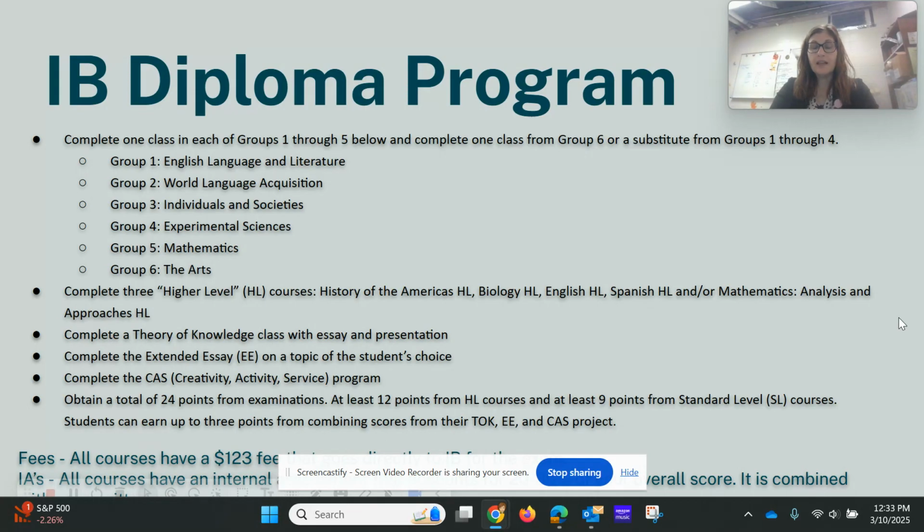At least 9 need to come from the SL courses. And then they can earn 3 additional points from TOK, their EE, and their CAS project. There are fees associated with each of those classes, and each course does have an internal assessment, or an IA.